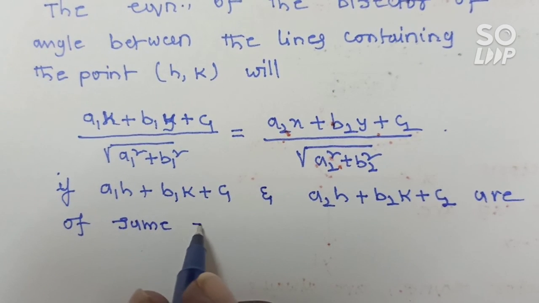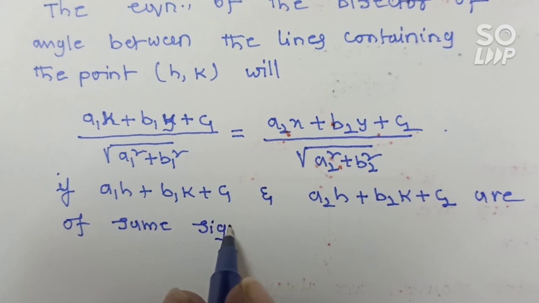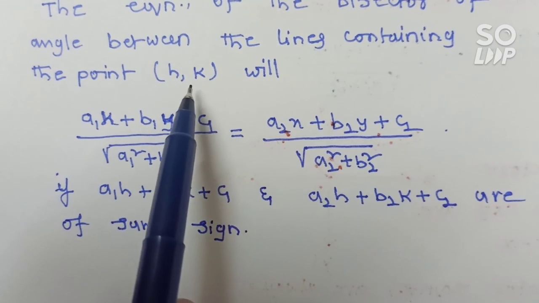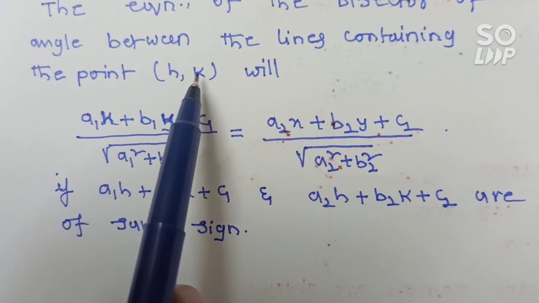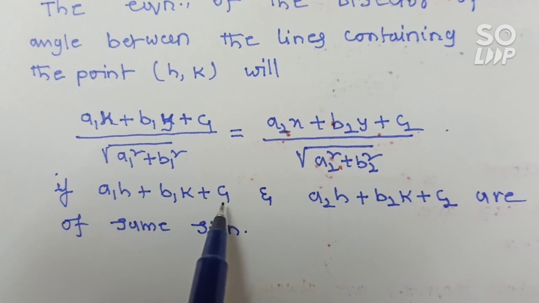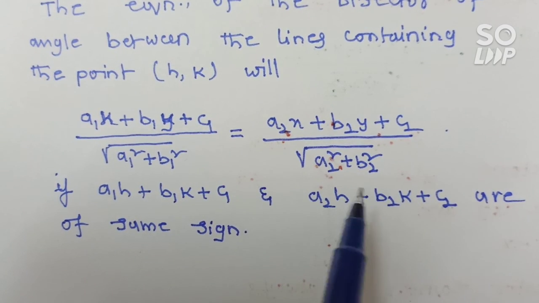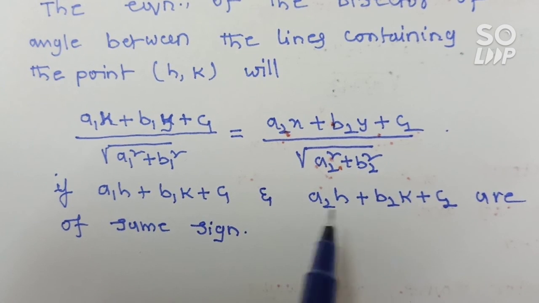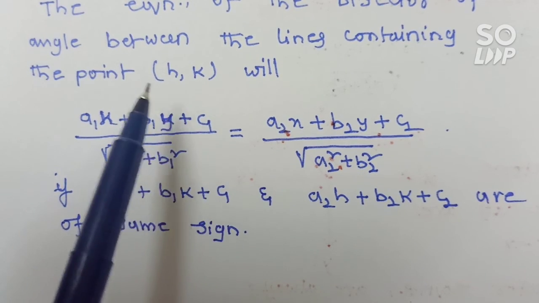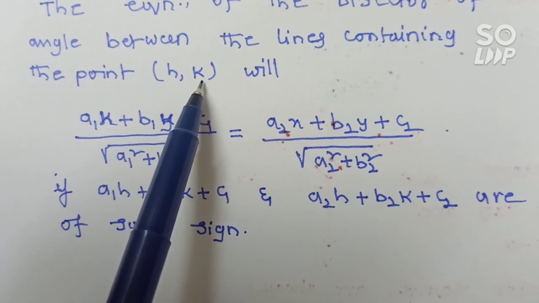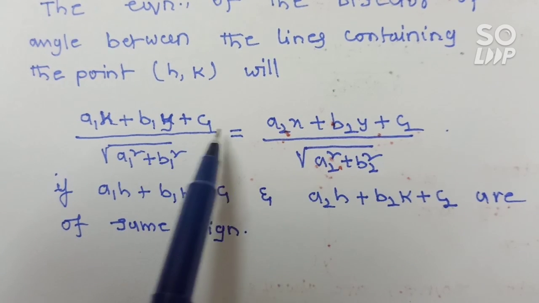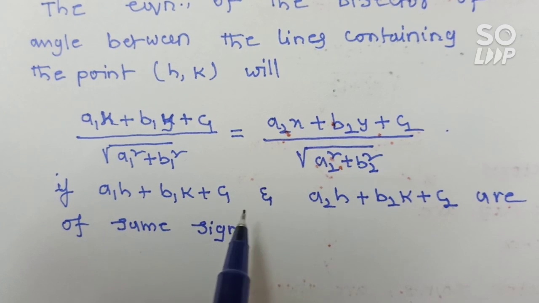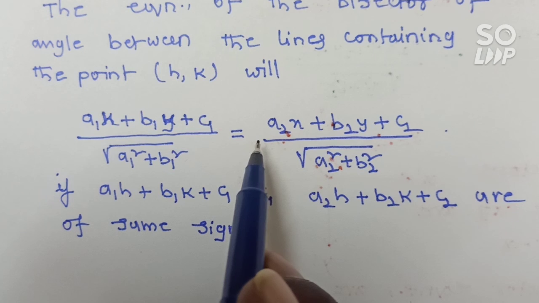That means both will be either positive or negative. So the given point h comma k is substituted in the given lines, and the results are both the same sign, either both positive or both negative. Then the bisector equation of the angle between the lines containing this point takes the positive sign. If these two have opposite signs, then we get the negative sign.